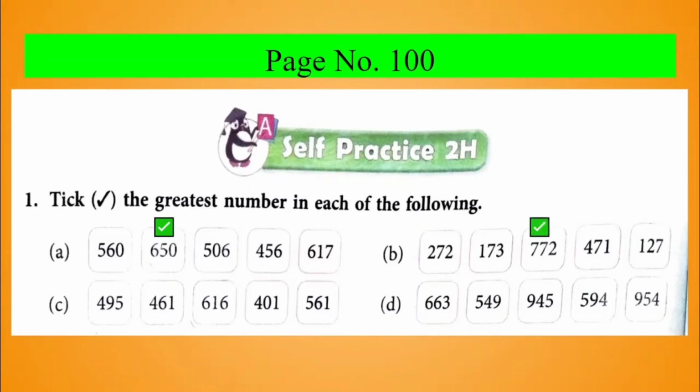Yes, 772 is the greatest number. So we will put a tick mark above 772. Now I hope you have understood how to tick mark the greatest number in each of the following. Now the C and D part are for your homework.